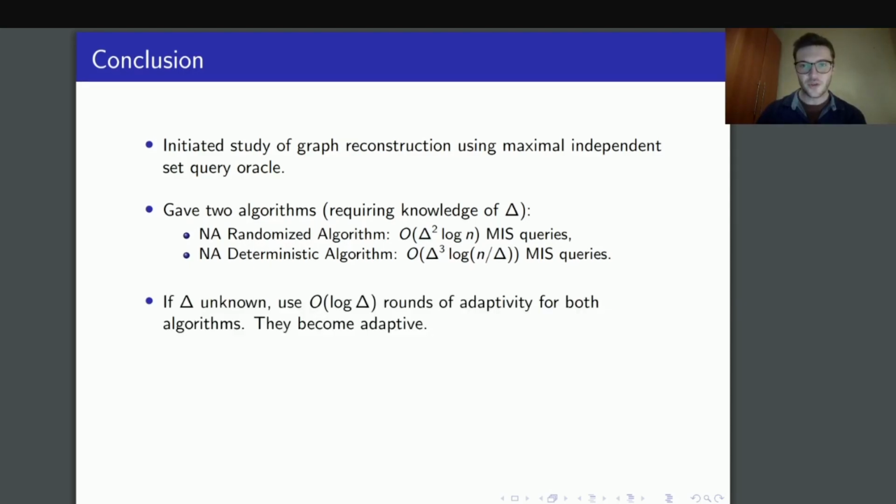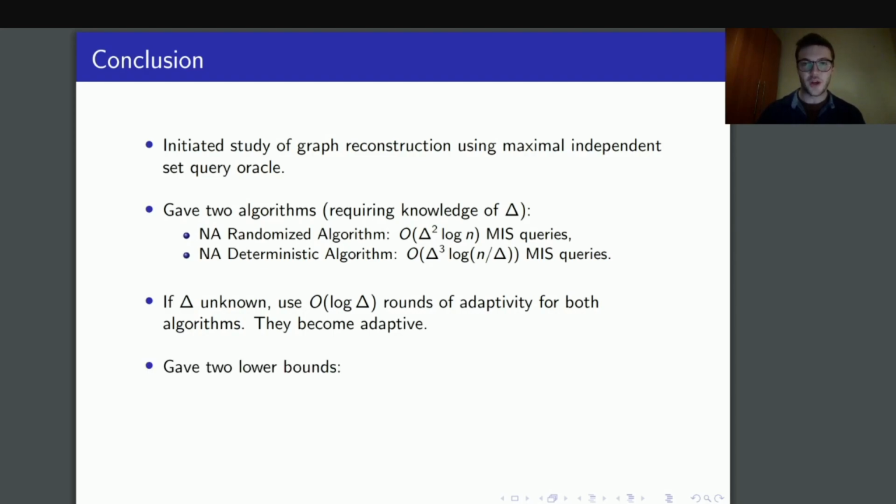If delta is unknown to the players, we can use big O of log delta rounds of adaptivity for both algorithms to find a sufficiently large integer d to replace our value of delta in these algorithms. In doing so, our non-adaptive randomized and non-adaptive deterministic algorithms become adaptive randomized and adaptive deterministic algorithms.